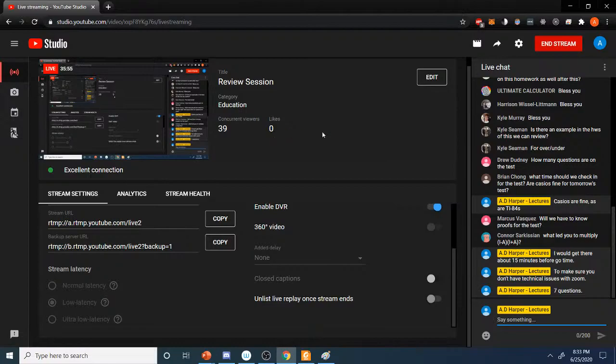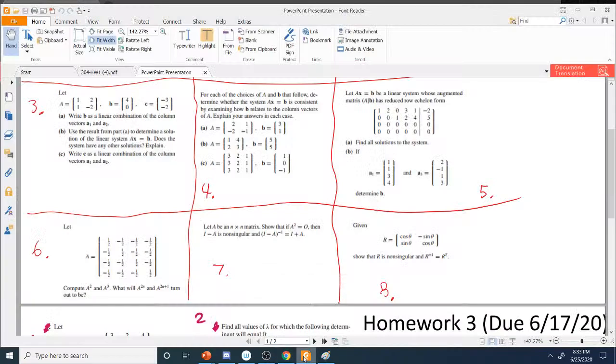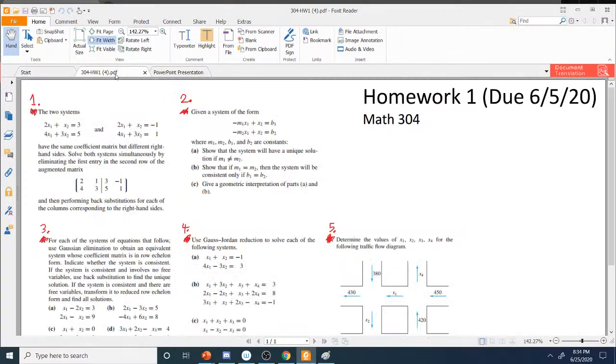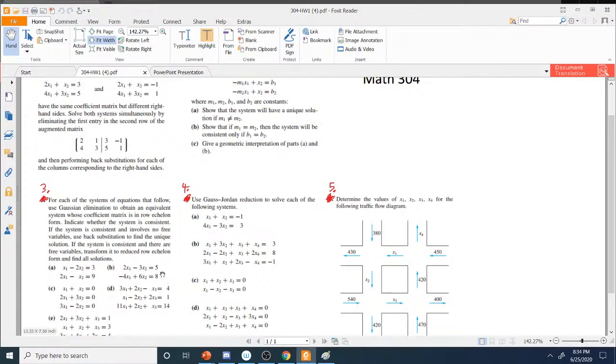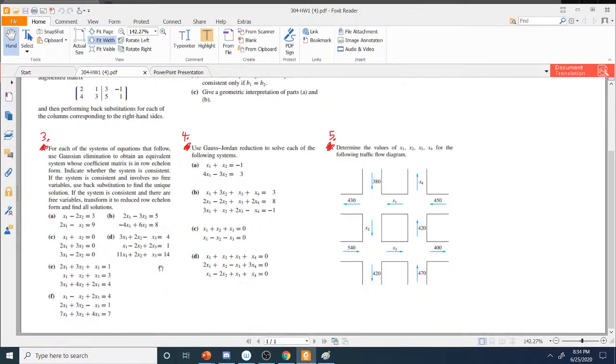I don't know if there are examples on the homework you can review for overdetermined and underdetermined systems. I can check. Let's see. Technically, yes, there are.